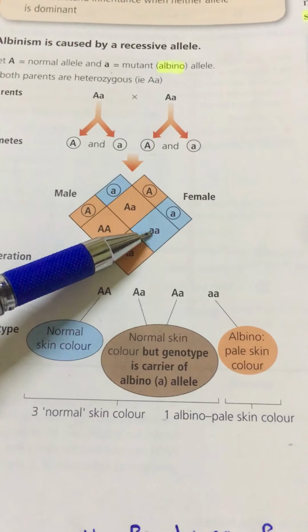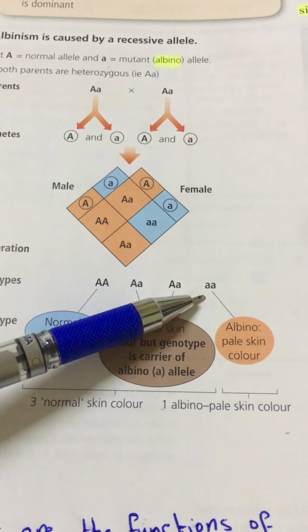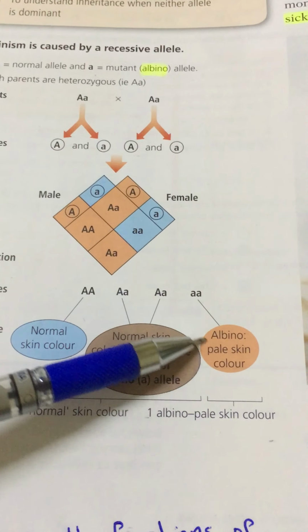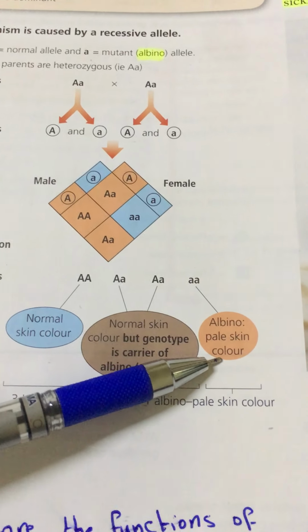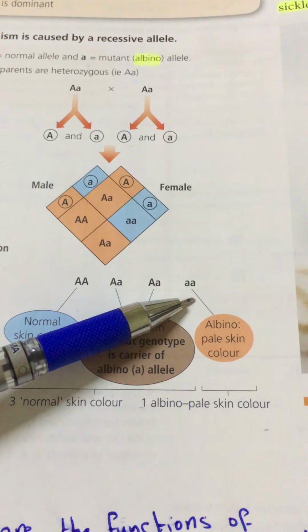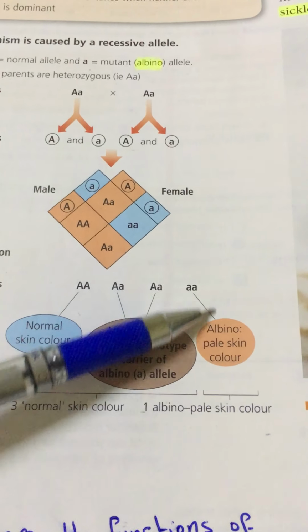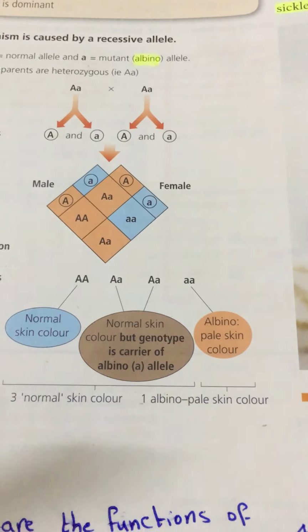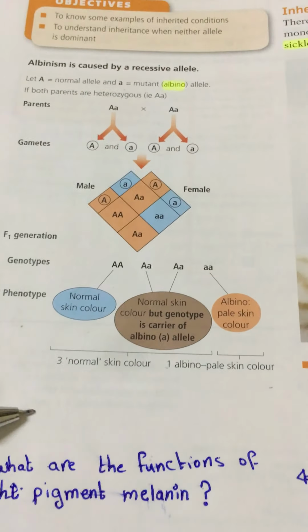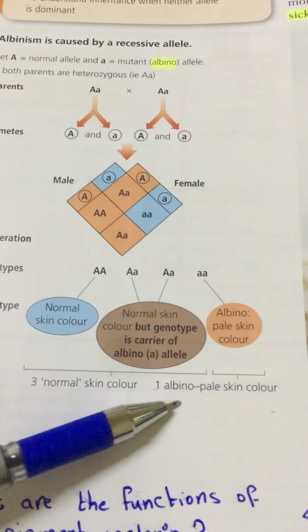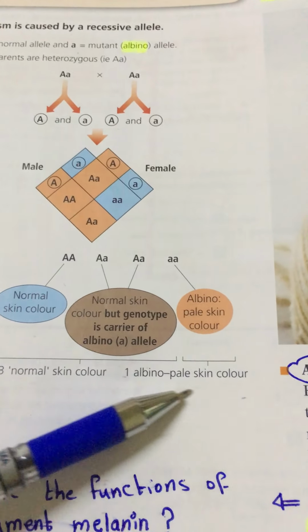What about the last offspring, A small A small? This offspring is albino with pale skin color. So this offspring has albinism because he has pale skin color. Here we have the ratio: 3 normal skin color and 1 albino pale skin color.